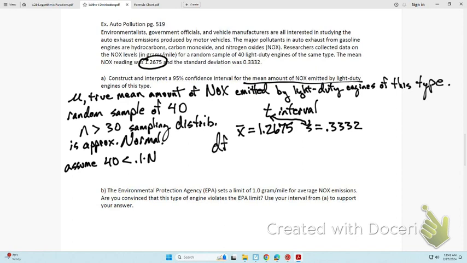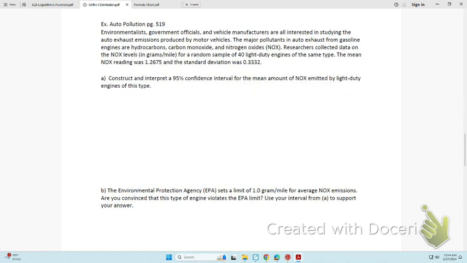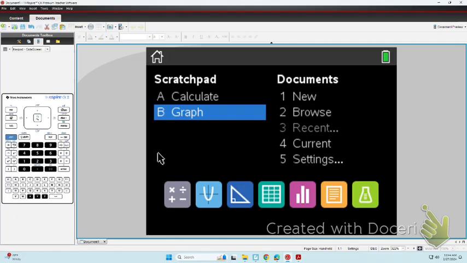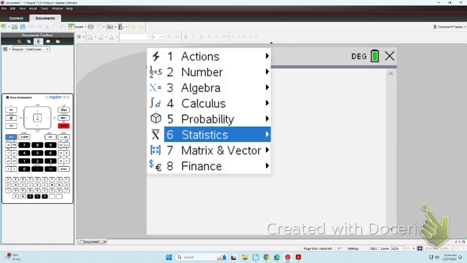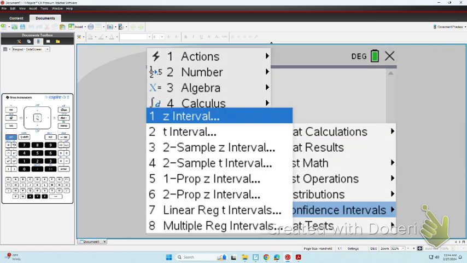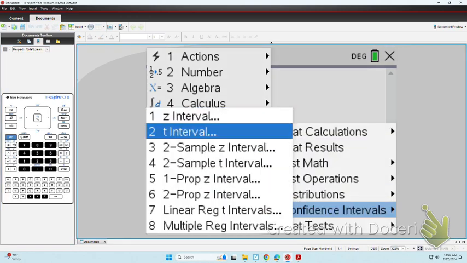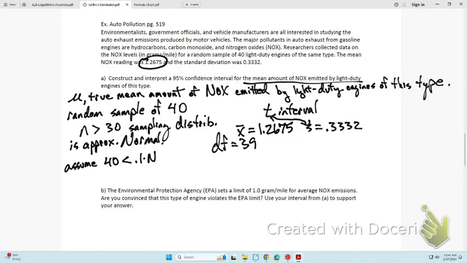Degrees of freedom is 39, and we grab our calculator. So in the calculator, we are going to look for a T interval. Whoops, wrong button. And once again, this is because we have S and not sigma. See where the arrow is? Because of that right there, that is forcing us to do T. That's what Gossett discovered through all his work and experimenting.